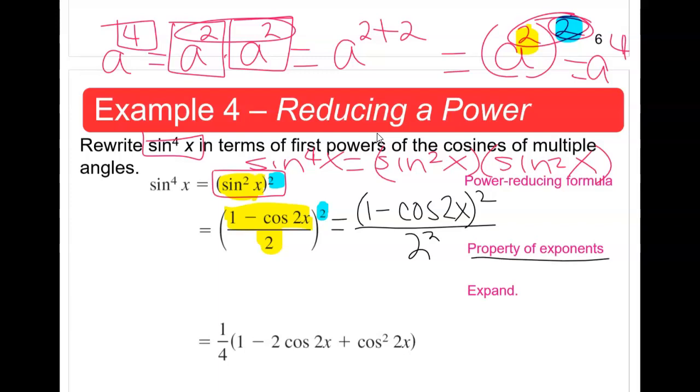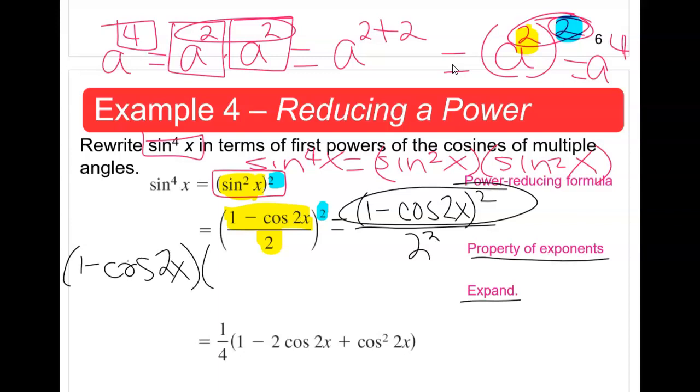So to expand this one, which is the next step, remember that is the product of 1 minus cosine of 2x times 1 minus cosine of 2x, not cosine square, I'm sorry, cosine of 2x. And remember this is the angle. So it's multiplying it by itself. And of course here, let's not forget about 2 squared, that will be equal to 4.